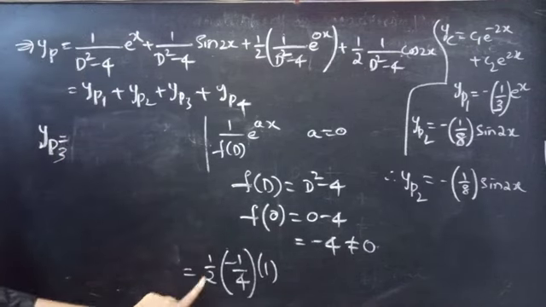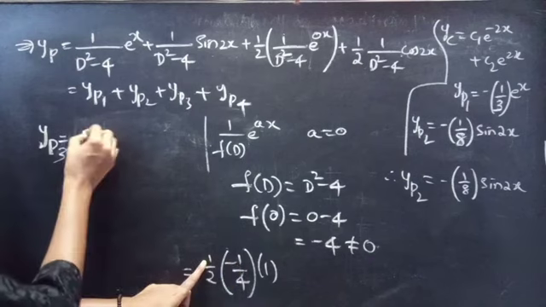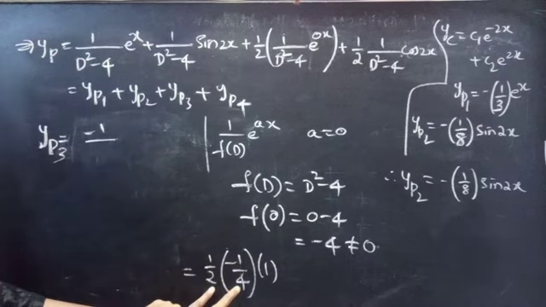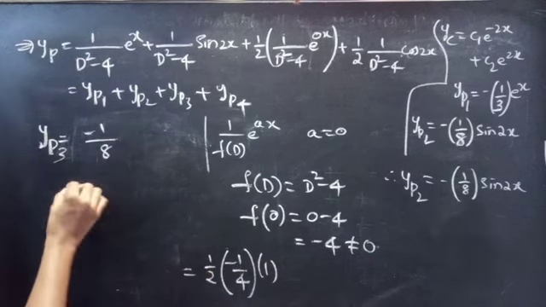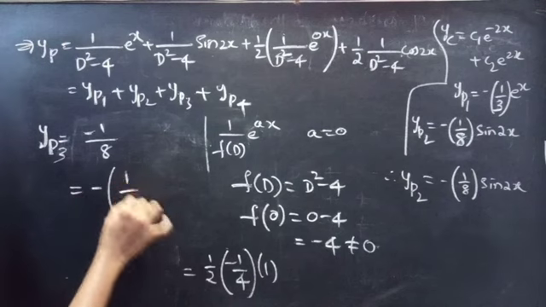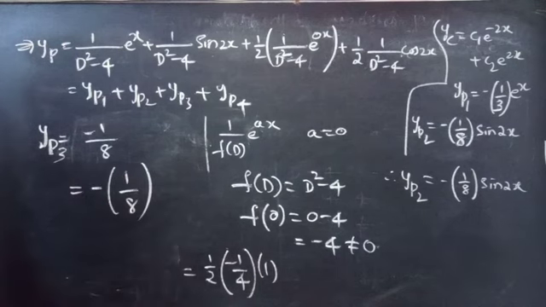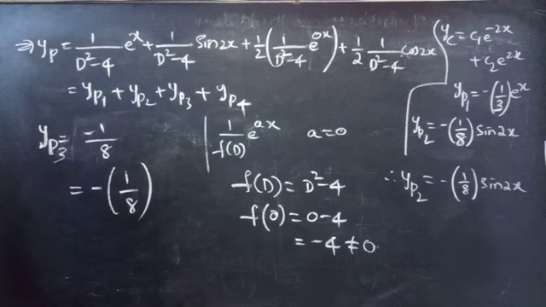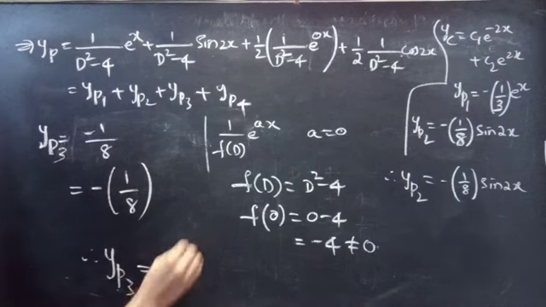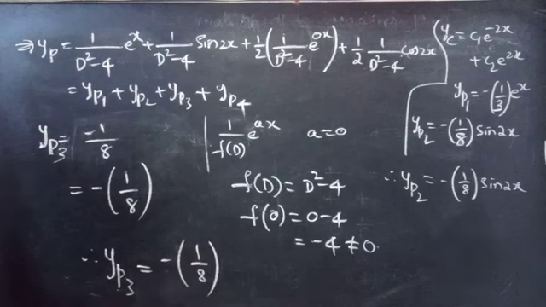Then yp3 becomes 1 into minus 1 is minus 1 by 2 fours are 8, which is minus of 1 by 8, we can see. Therefore, yp3 equals minus of 1 by 8.